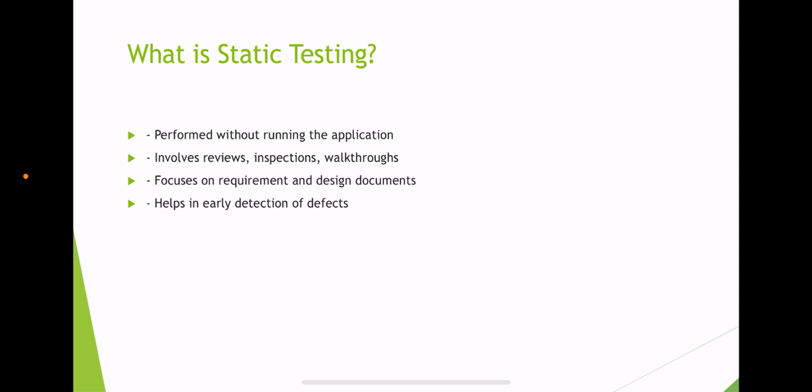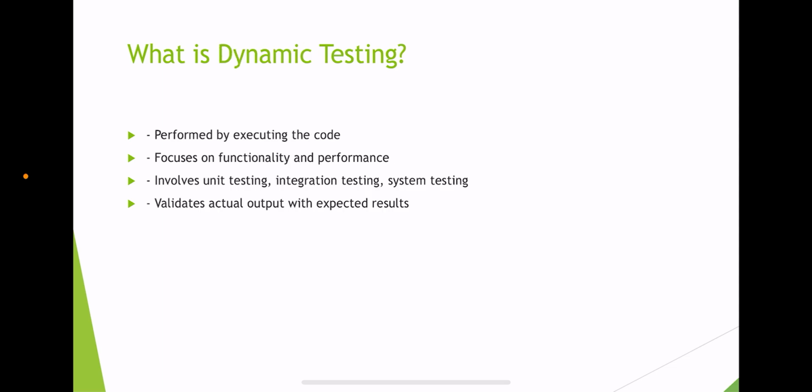So let's begin with dynamic testing. On a high level, dynamic testing is a detective approach. Just as static testing is a part of verification, dynamic testing is a part of validation.